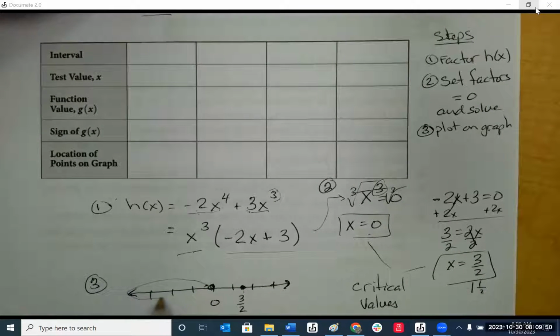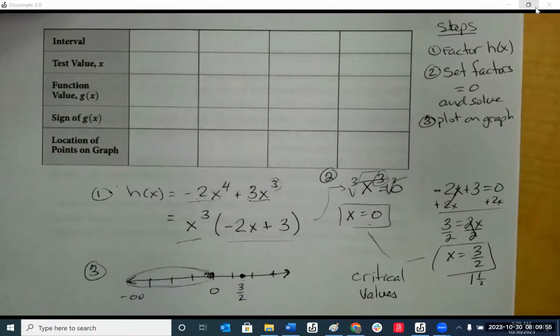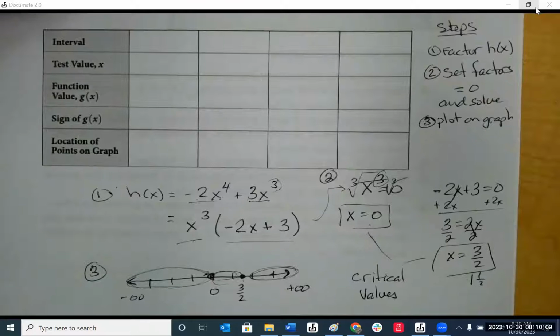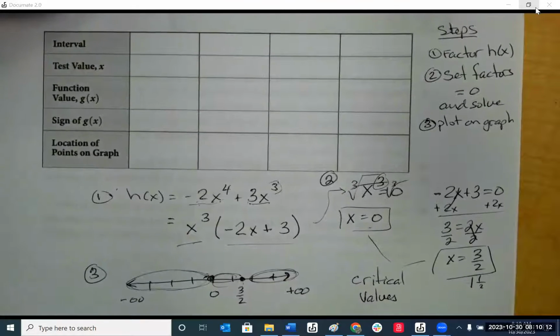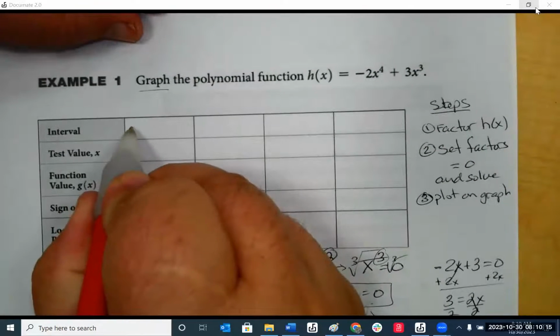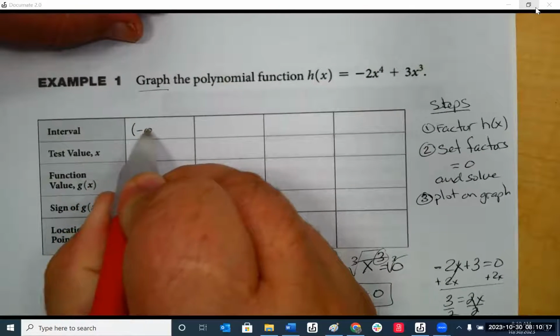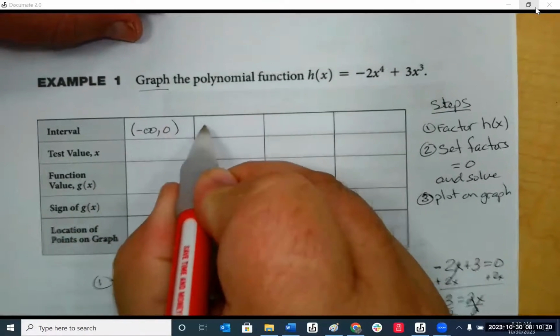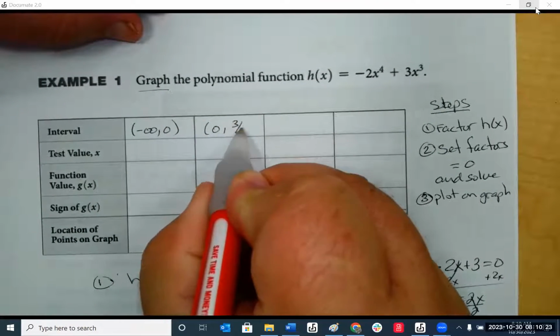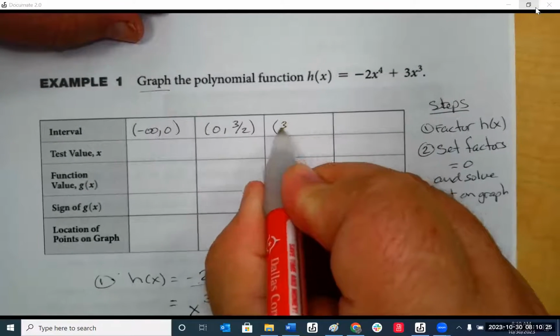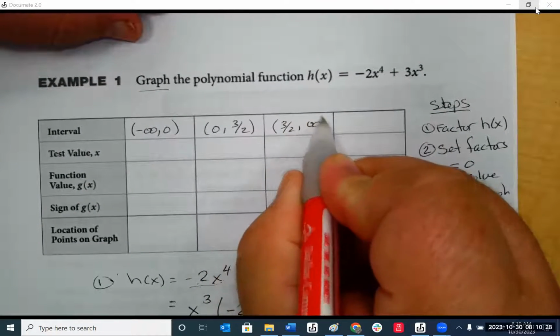Here we have the interval from -infinity to 0, the interval from 0 to 3/2, and the interval from 3/2 to positive infinity. That's what this is looking for: the intervals -infinity to 0, 0 to 3/2, and 3/2 to positive infinity.